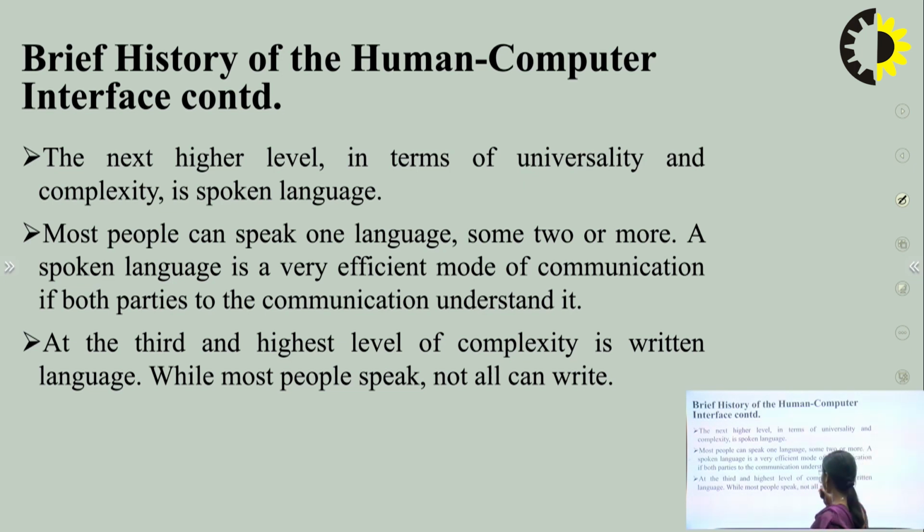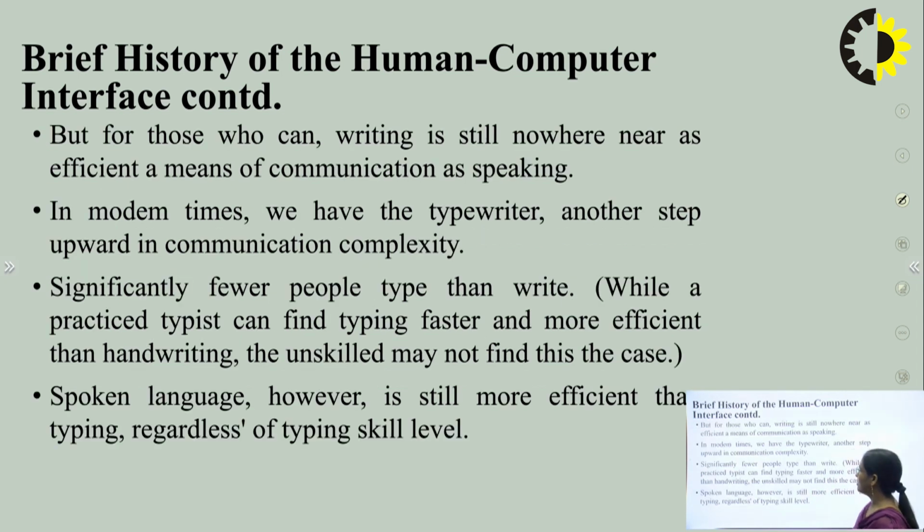Spoken language is a very efficient mode of communication if both parties to the communication understand it. At the third and highest level of complexity is written language. While most people speak, not all can write. That is also one of the criteria. But for those who can, writing is still nowhere near as efficient a means of communication as speaking.